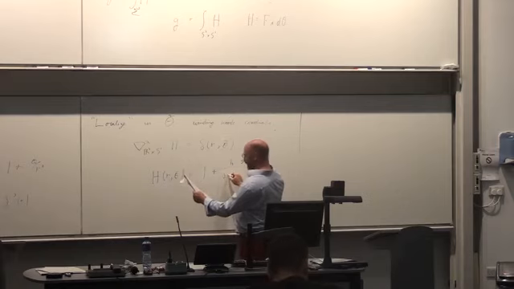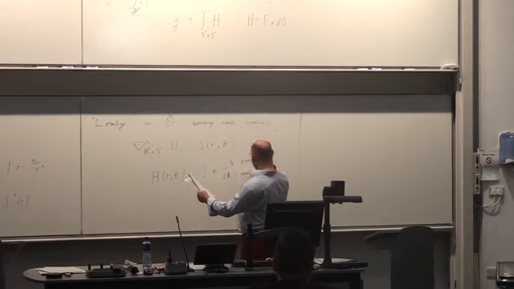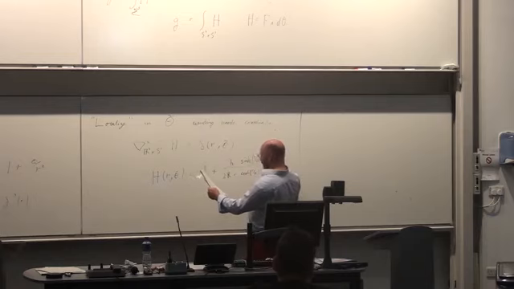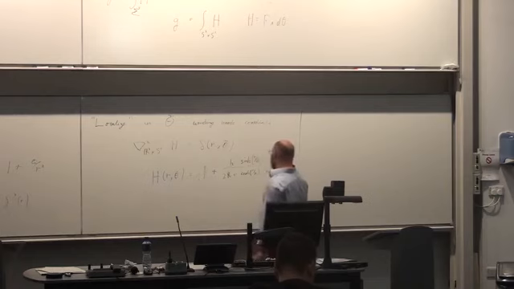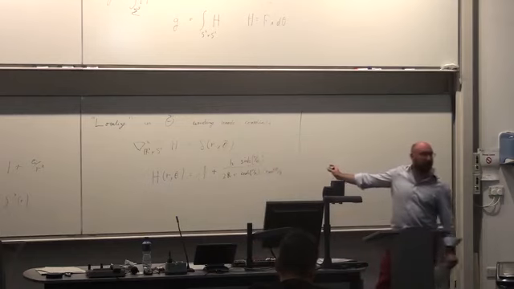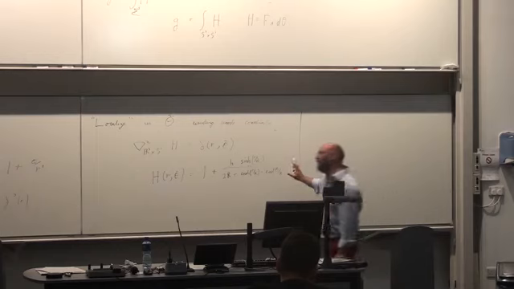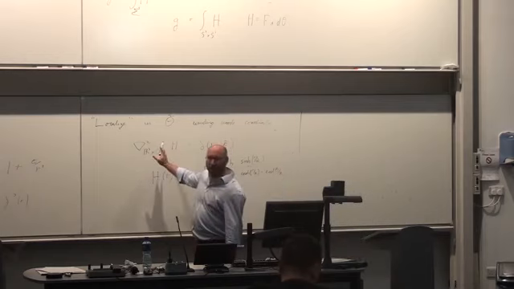I apologize for writing this out, but it's sort of revealing what can happen. So I get some function. This is a complicated function, but it's a function I arrived at just by solving this harmonic equation.